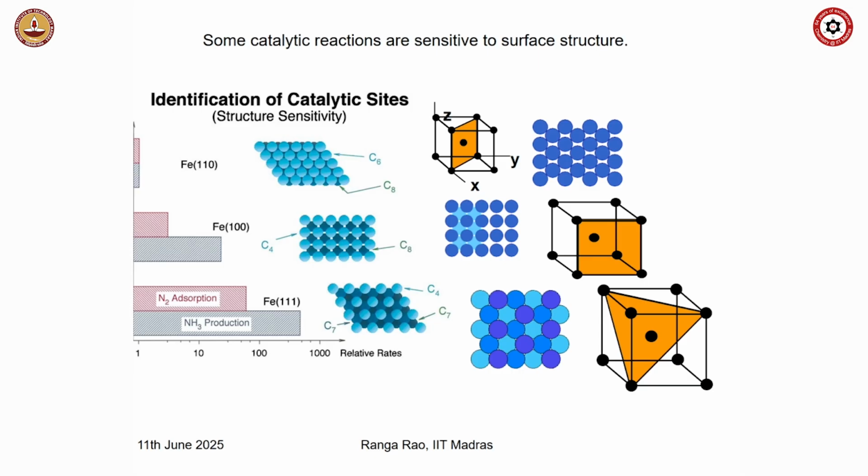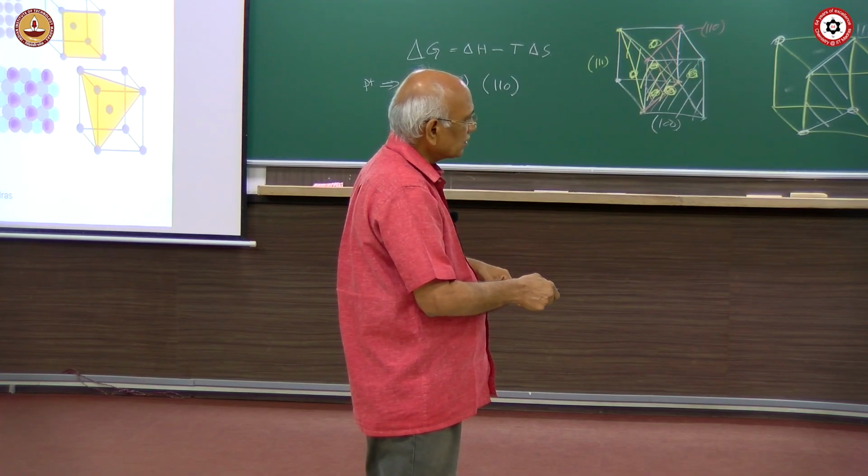Now what are the sites which are responsible for that? See, if you look at this 111 plane, there is a site called the C7 site. That is coordination number 7. That atom has coordination 7. So if you have those sites, that plane is going to be very active for ammonia synthesis.